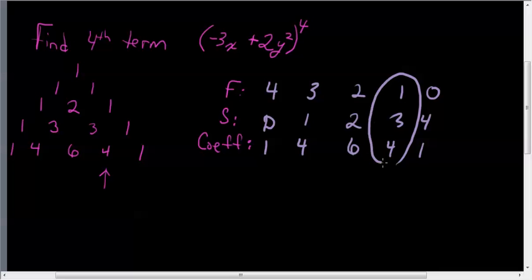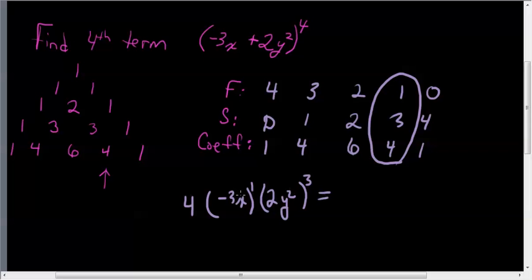Now here's what's different. This is the only thing that's new in this lesson. Instead of being x raised to the first, it's going to be negative 3x raised to the first. And then the second term, which is cubed, is not just y. The second term is 2y squared. The initial coefficient is still 4.